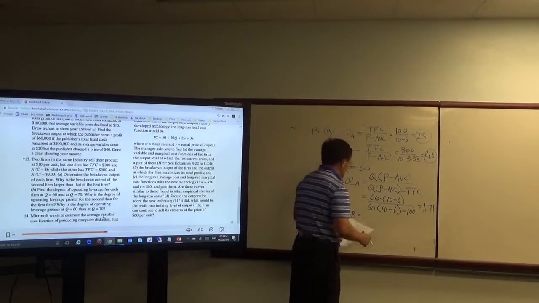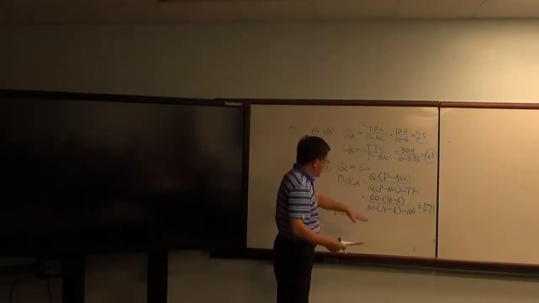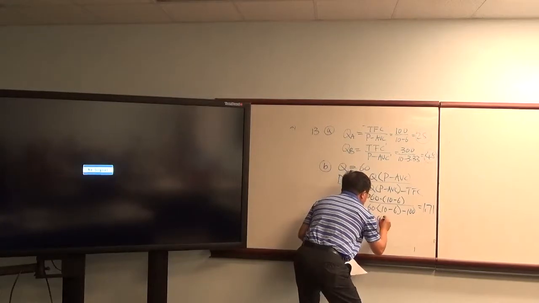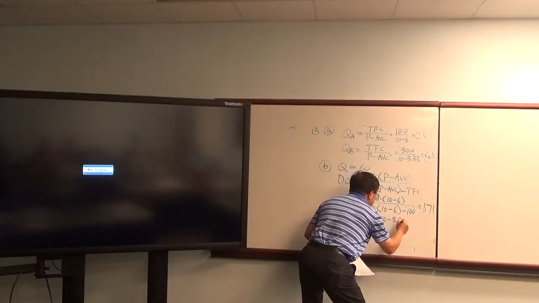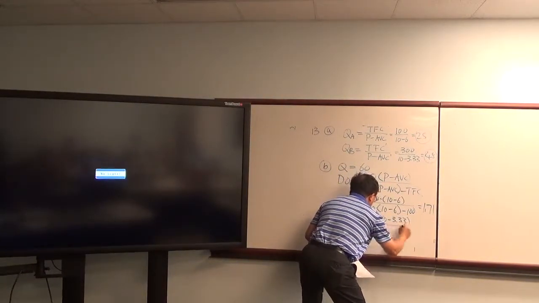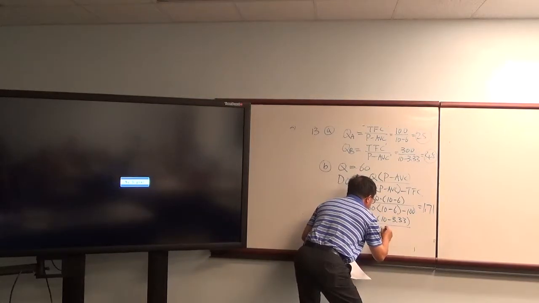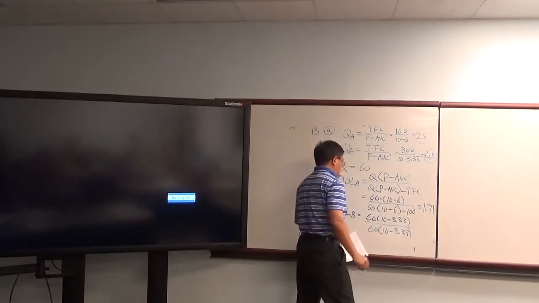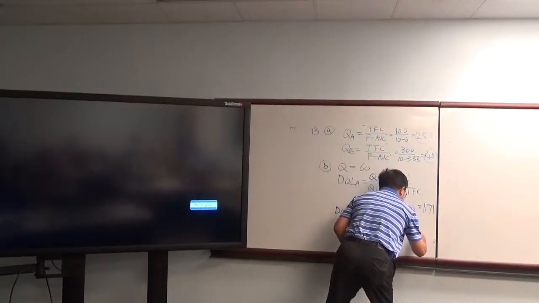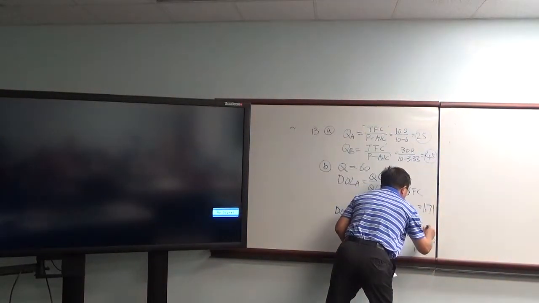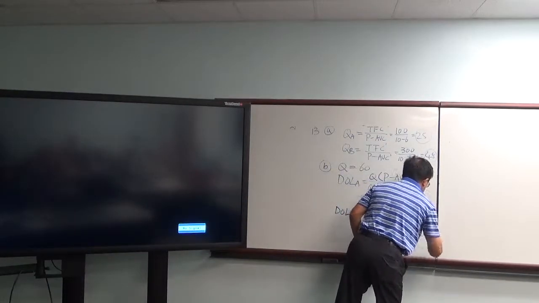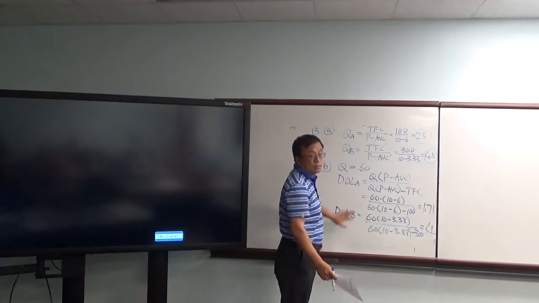Same formula, but different numbers. 60 is the same, 10 minus 3.33, divided by 60 times (10 minus 3.33) minus 300. You will find the degree of operating leverage is 4. So it's much larger.